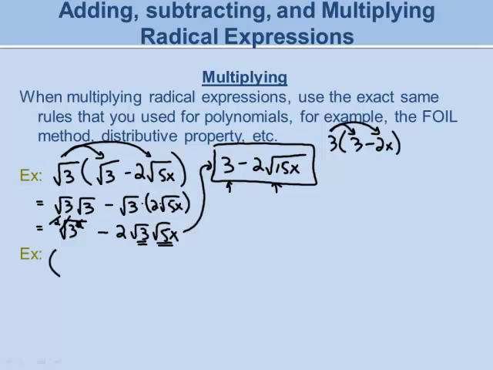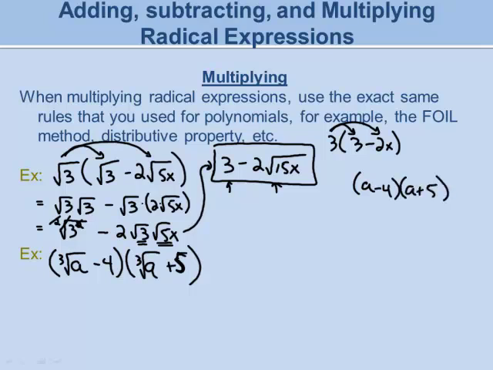All right, let's look at this problem. Let's look at the cubed root of a minus 4 times the group the cubed root of a plus 5. If that problem was written without radicals, if it was a minus 4 times a plus 5, you know that you would use some binomial multiplication method to simplify that.